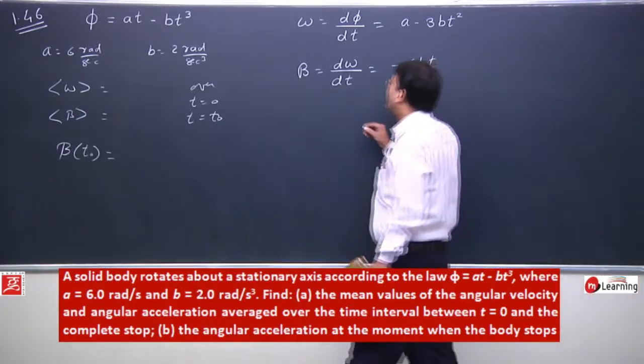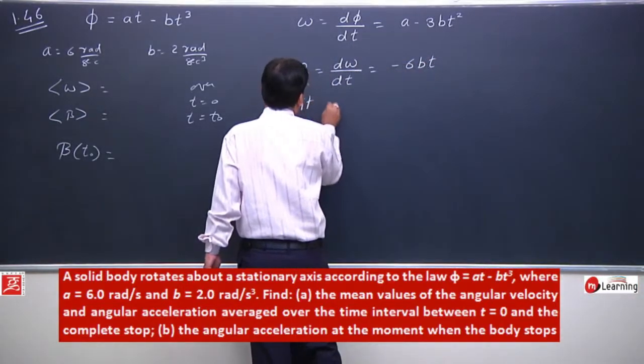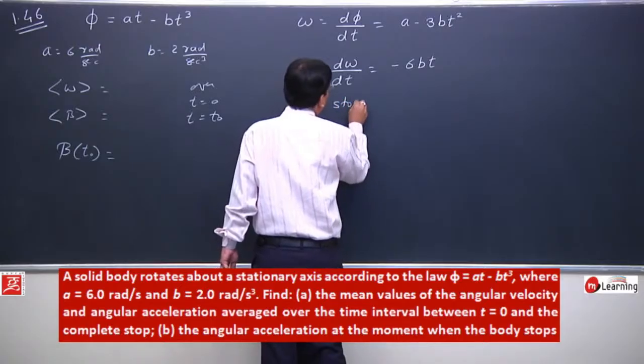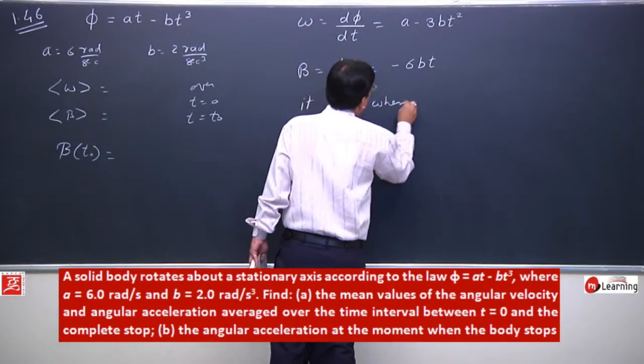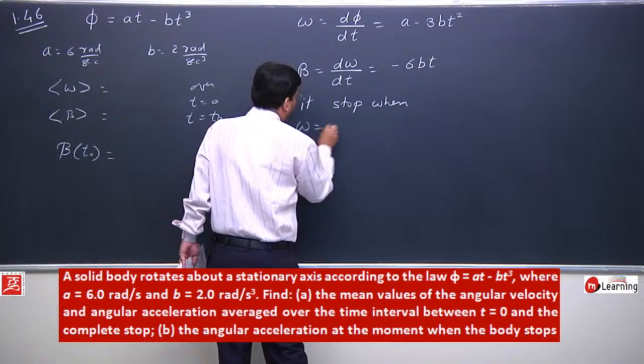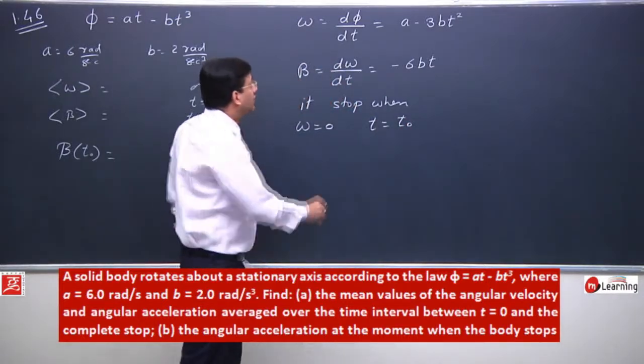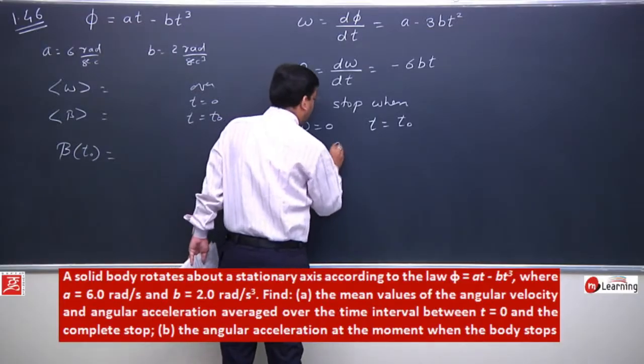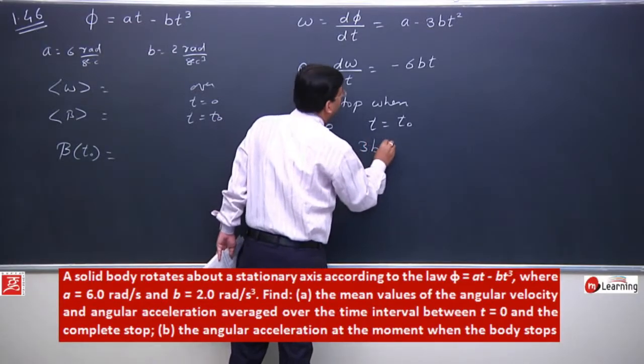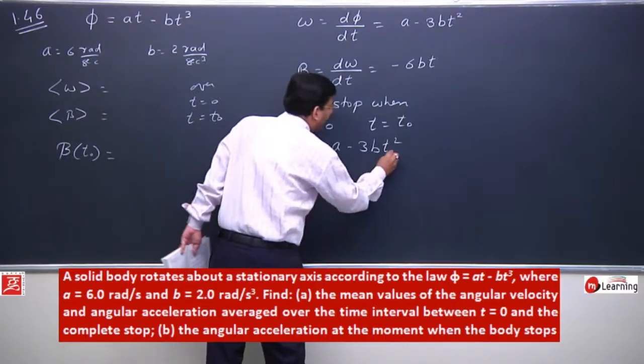Now, it stops when angular velocity becomes 0, and that time is, let us say, t naught. So 0 is equal to a minus 3b t naught square.